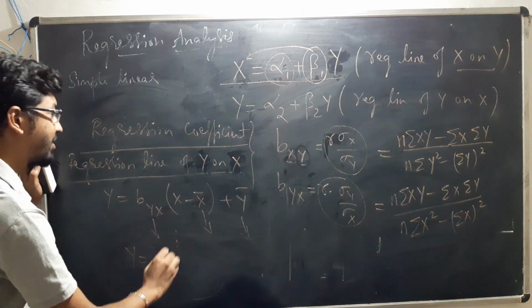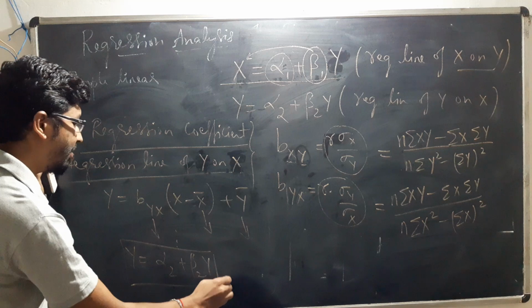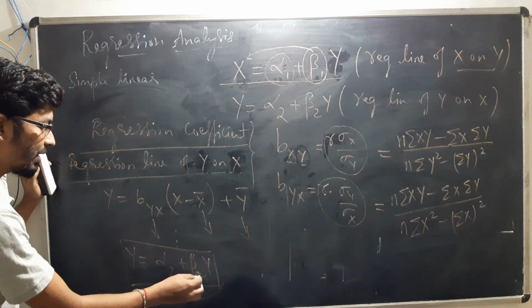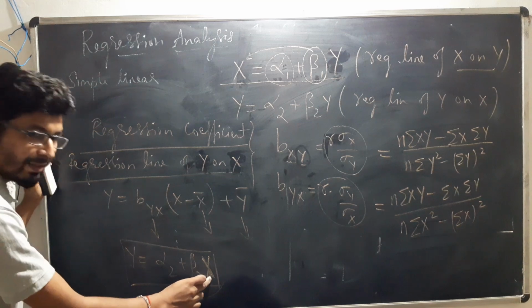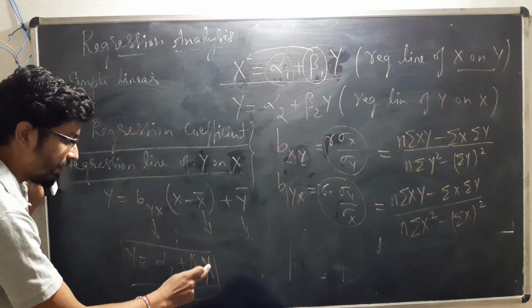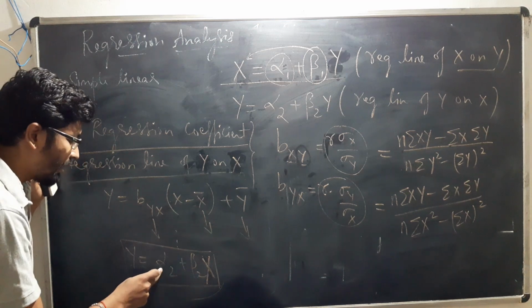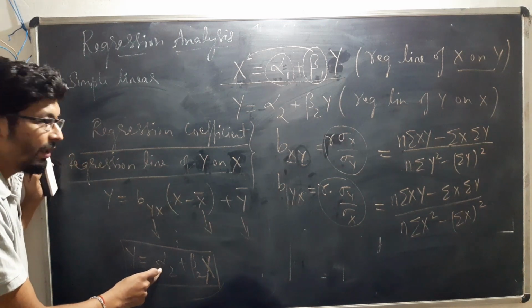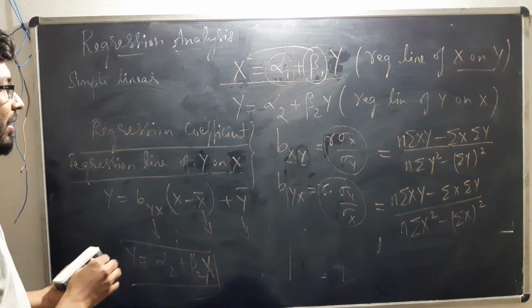The equation just reduces to y is equal to some constant plus some constant into x, that is, alpha 2 plus beta 2 x. Again, beta 2 is the change in y for a unit change in x. If there is no x at all, if the value of x is 0, then the default value of y will be alpha 2. So this is about regression coefficients as well as regression lines.